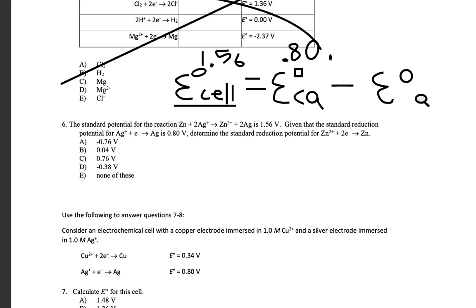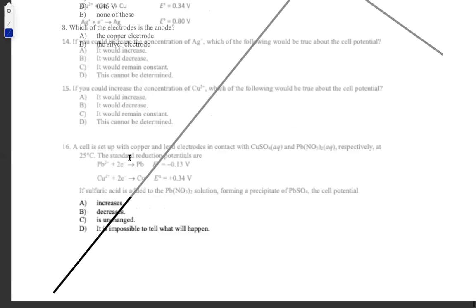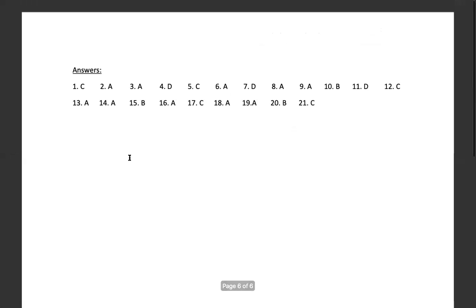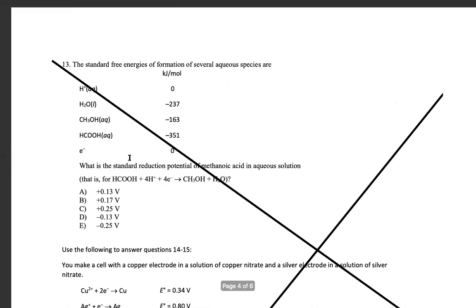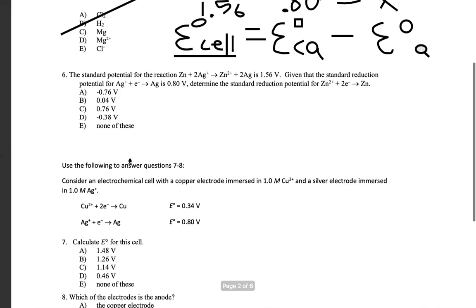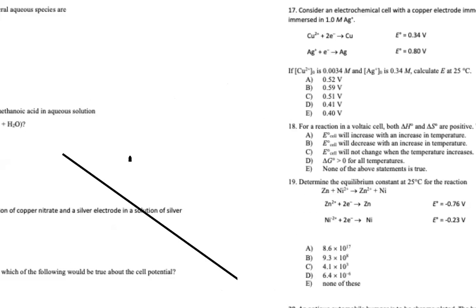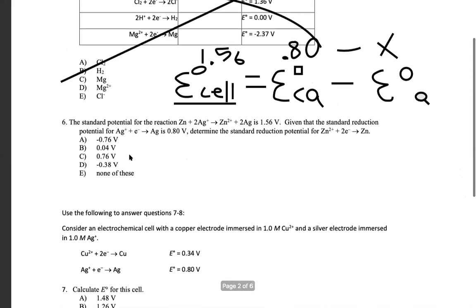But the way you would normally solve this is 0.8 minus x equals 1.56, and then your answer would seem to be negative 0.76. Let me make sure real quick that it's not throwing us off. Question 6, answer is A. Okay, so this is one of the normal ones.